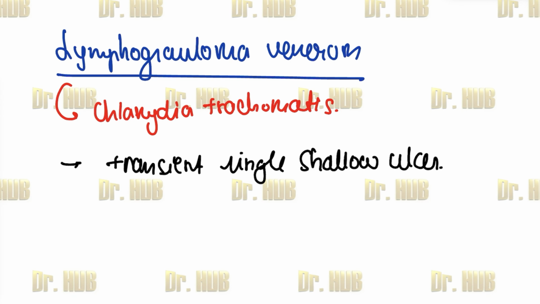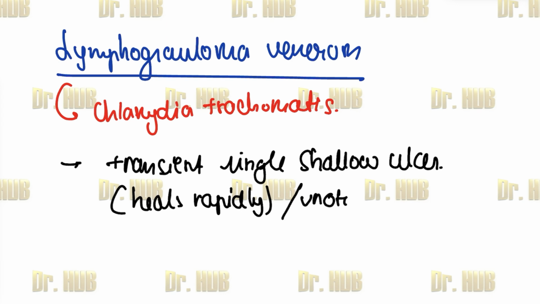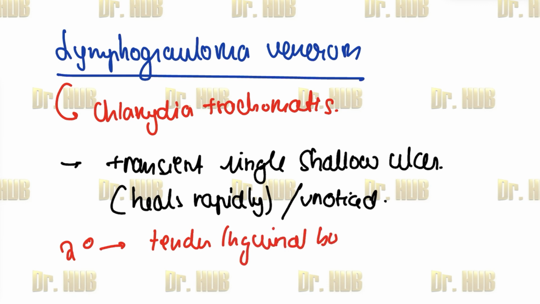This ulcer heals rapidly and usually goes unnoticed. The secondary stage presents with tender inguinal buboes.